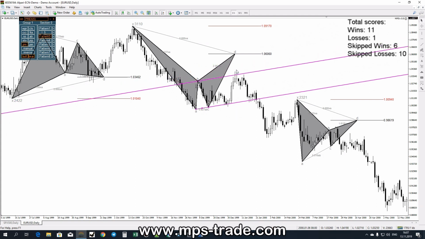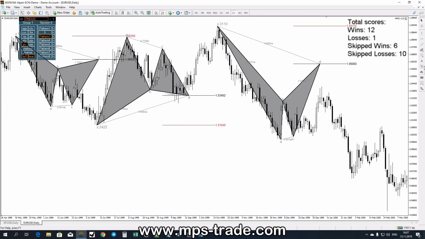Okay, so this is the candle of entry, and this is an obvious winner. Next we have these ones. This is a textbook win. Perfect.